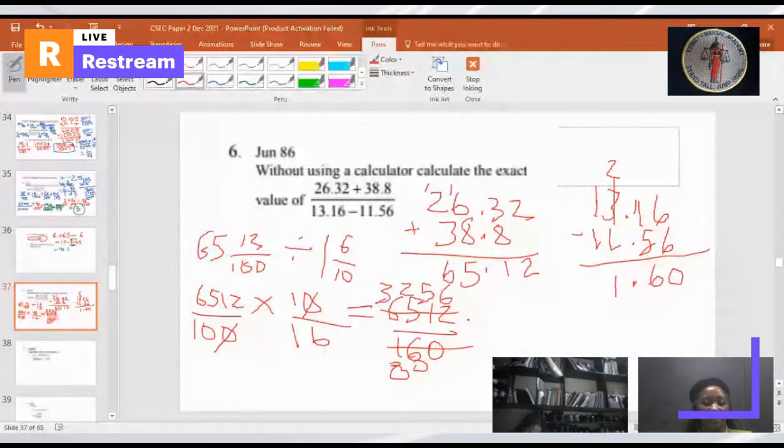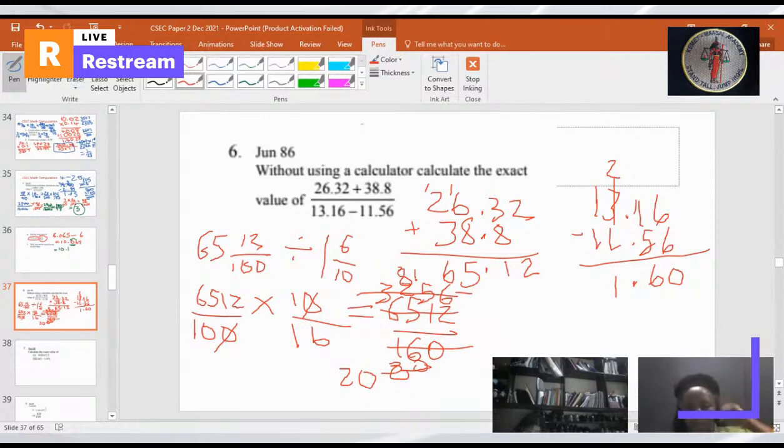And 4 can go into these. 4 into 80 is 20, and 4 into 3,256 is 814.